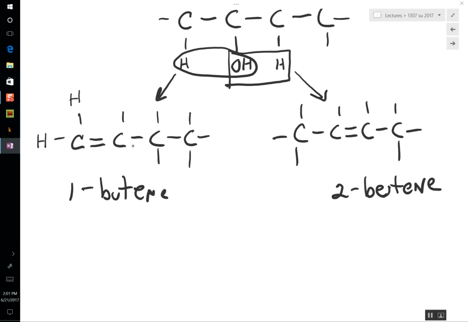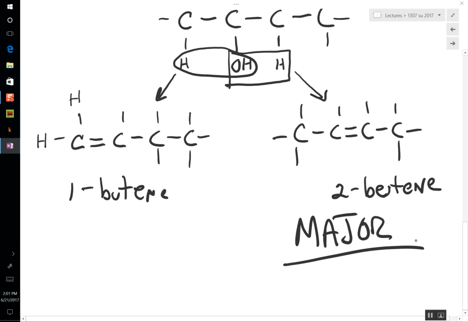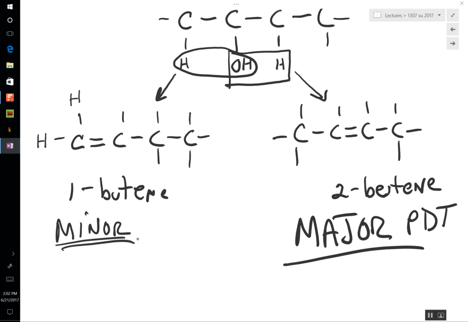This has the most carbons attached to the double bond. This is the major product. And this would be the minor product. So when you dehydrate 2-butanol, the major product is 2-butene.